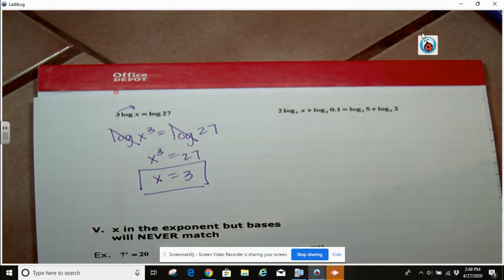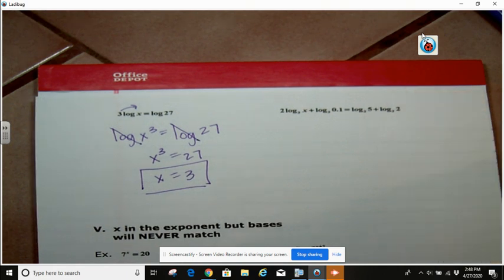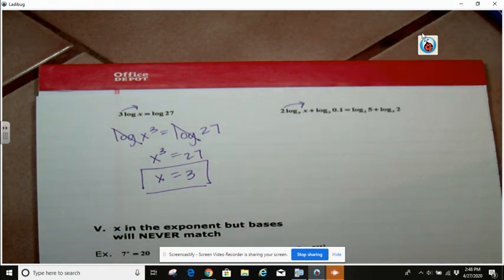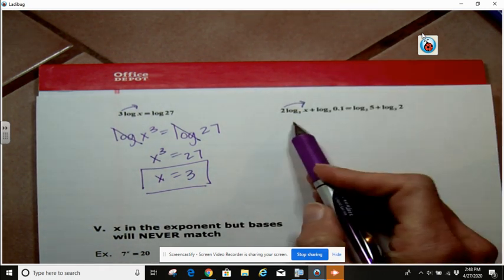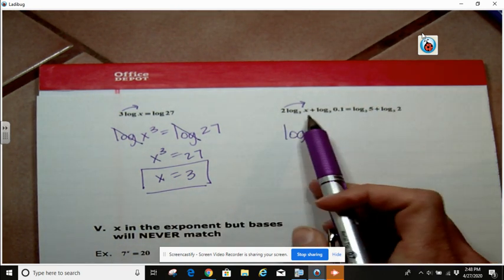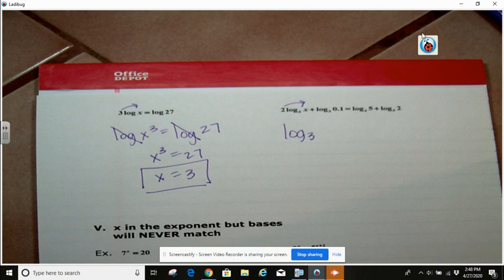Last example in this section, I have 2 logs on the left and 2 logs on the right. So I need each side to only be a single logarithm, and I do that by condensing. So I'm going to move this coefficient up to an exponent, and I'm going to rewrite this as 1 log, because the 2 logs added, I can change to multiplication.